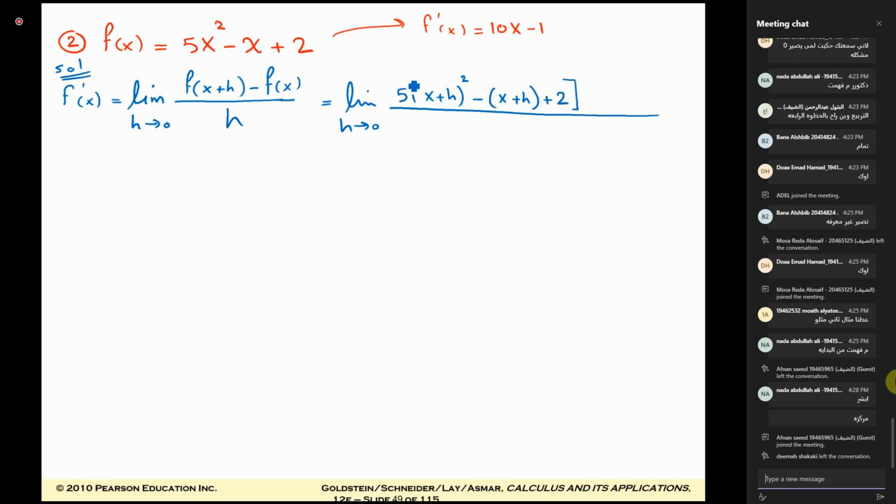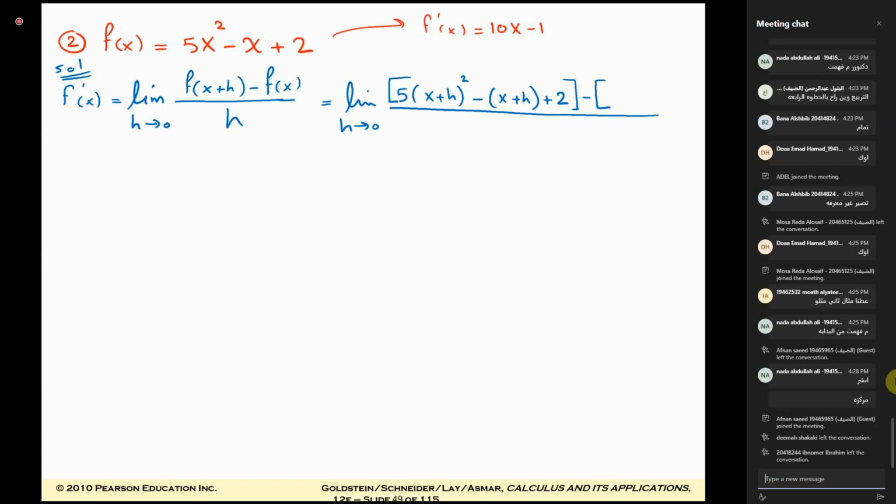This one is for the first function, f x plus h. Minus, now put f of x, 5x squared minus x plus 2, over h.